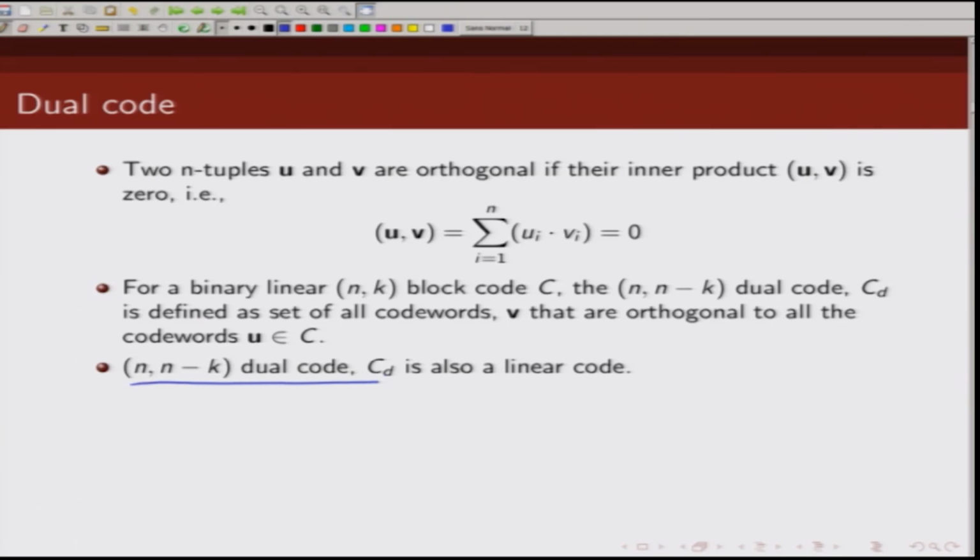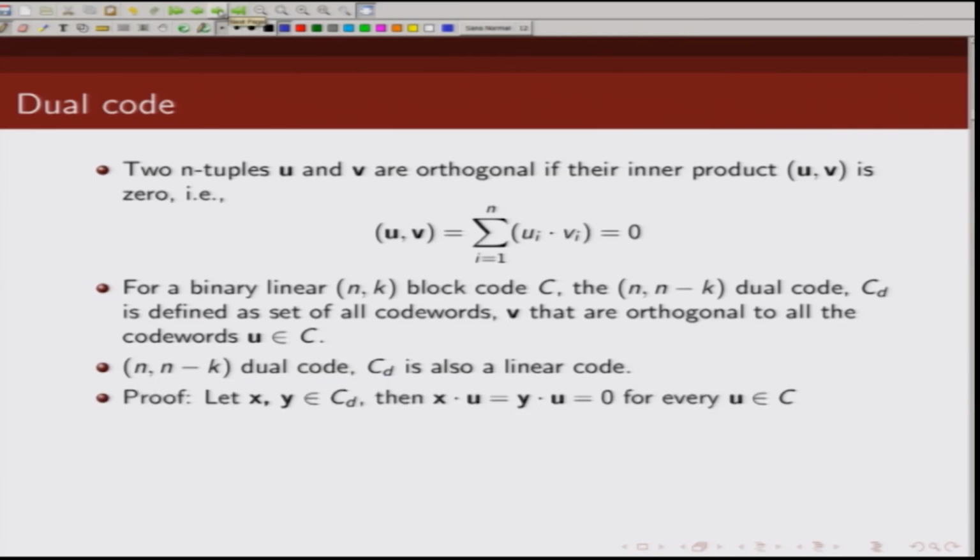We can show that for a linear block code C, the dual code is also a linear code. Let us take x and y, two code words which belong to the dual code of C, which we denote by C_D, or sometimes people use this notation also for the dual.